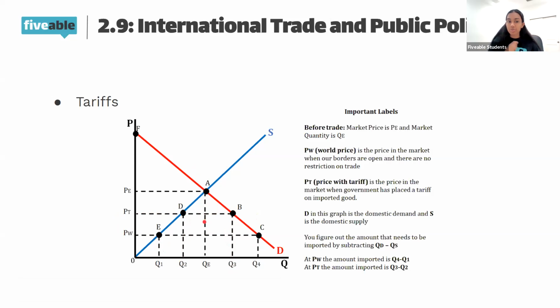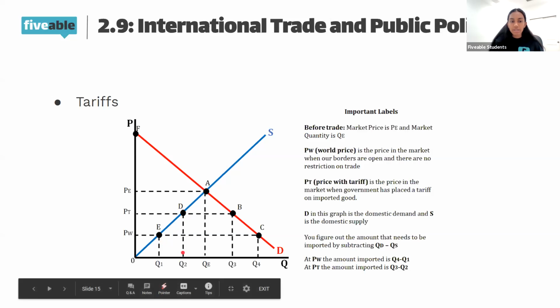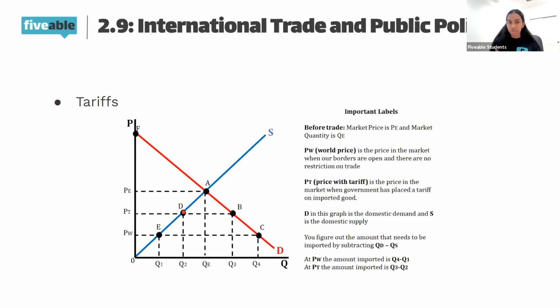So Q3 minus Q2 is a smaller amount that needs to be made up by importing goods. So a tariff allows domestic suppliers to provide goods up to a certain point, and then the rest can be imported. So it just decreases the amount that needs to be imported from another country.